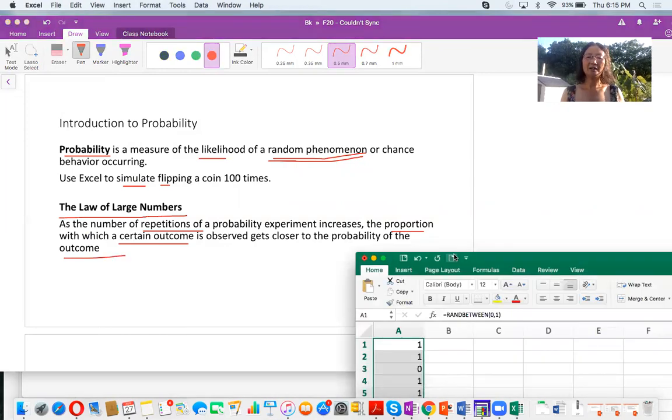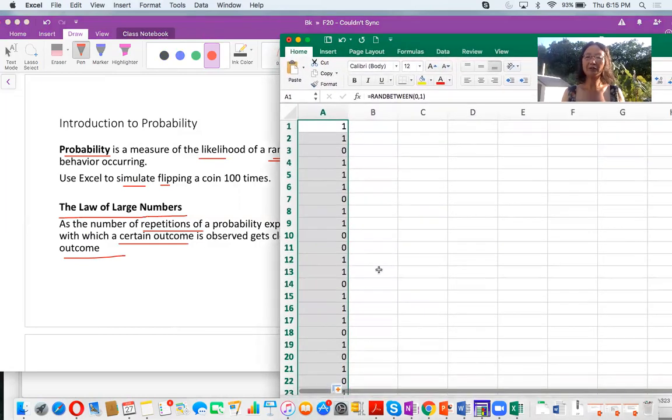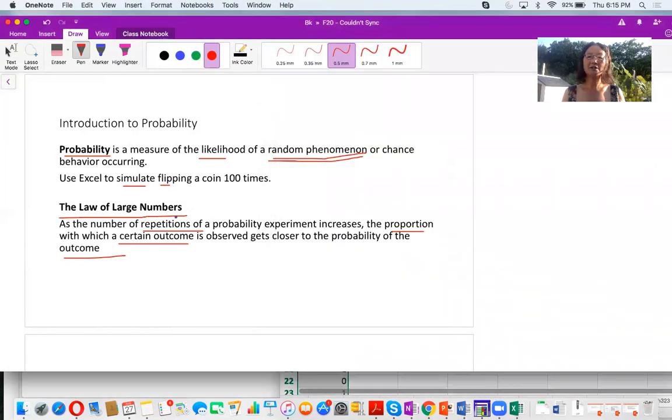So if, instead of flipping 100 times, I flip 1,000 times or 10,000 times, and then I count how many are heads, how many are tails, I will roughly get half. Okay, 50% tails and 50% heads. That is the law of large numbers.